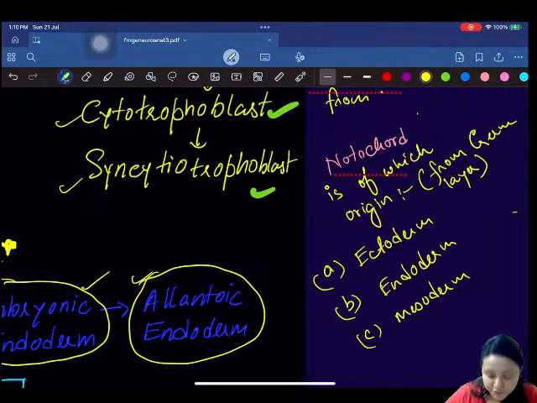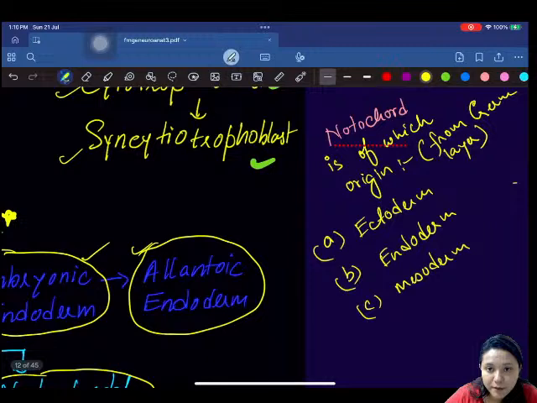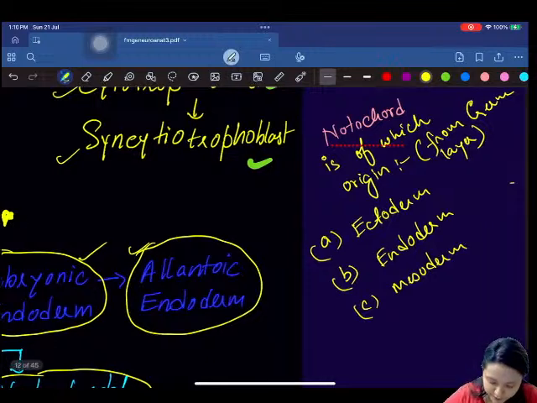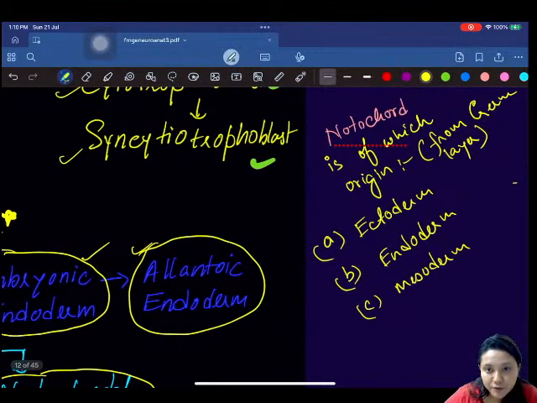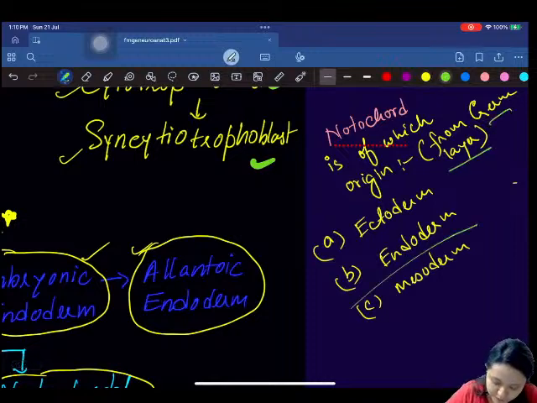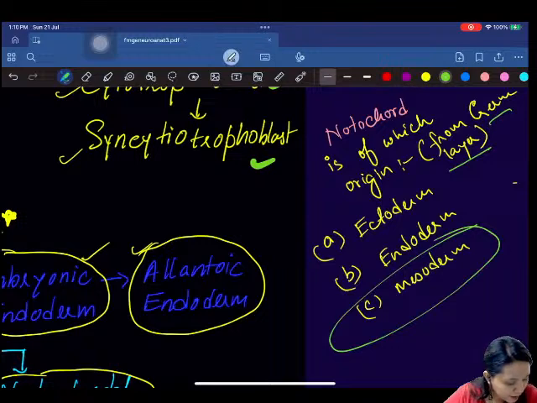Now they have changed the question and asked about the germ layer, and they have given you ectoderm, endoderm, and mesoderm. They have correctly mentioned a germ layer, so then the answer is mesoderm.